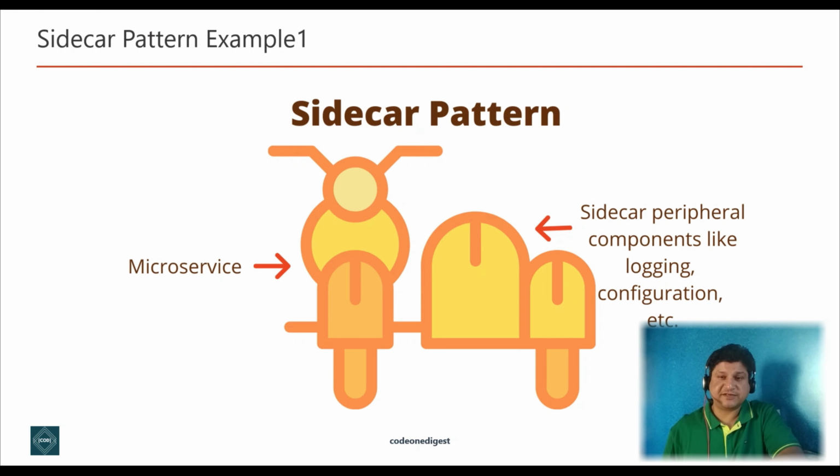Let's see a problem statement first. Applications and services often require functionalities like monitoring, logging, configuration, and network services. And these peripheral tasks can be implemented as separate components or services. If these peripheral tasks are implemented and integrated with our main application, then they can make the application complex.